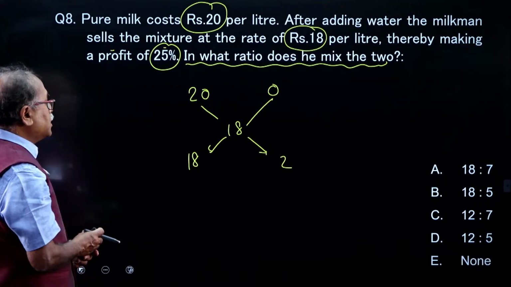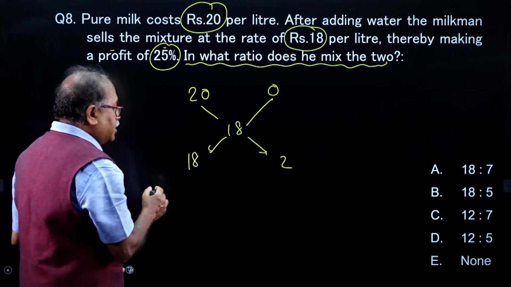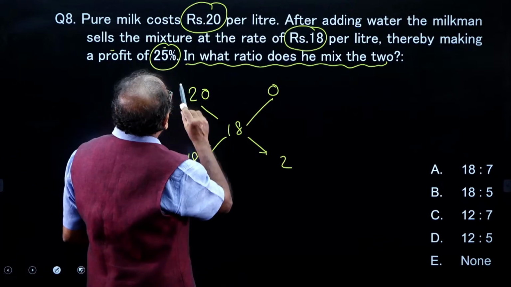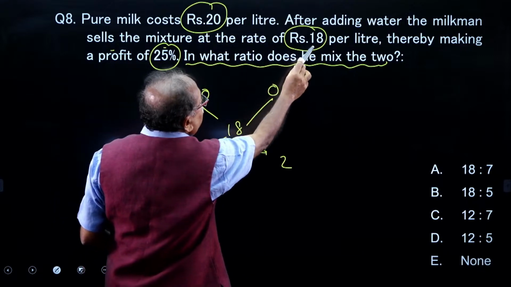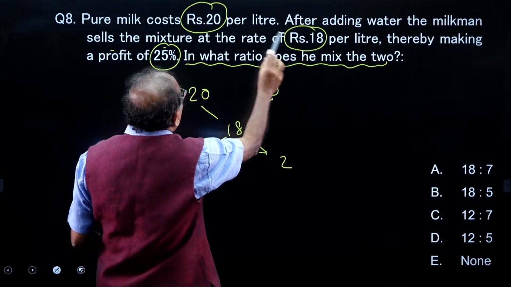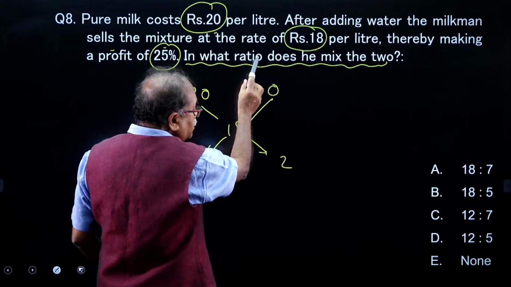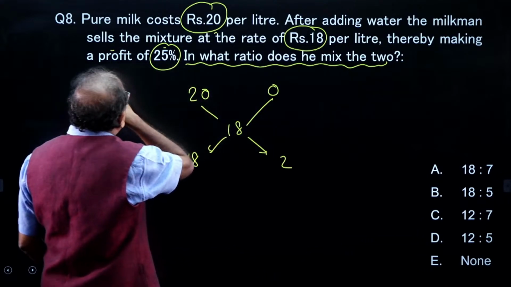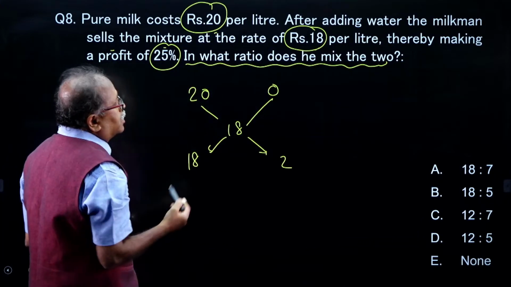Now, I will solve the rest of it. I am getting this ratio. This 18 rupees per liter, there is 20 rupees and this is 0. Am I right? Okay.